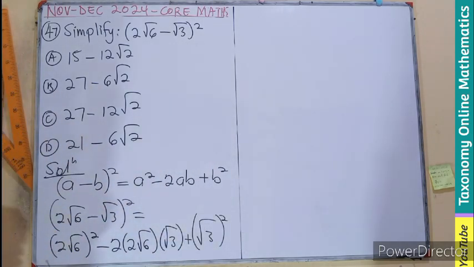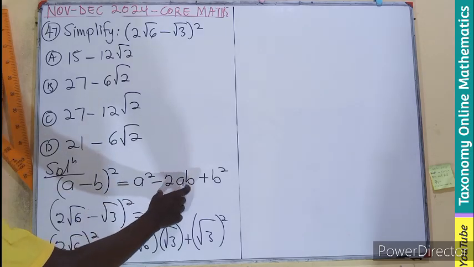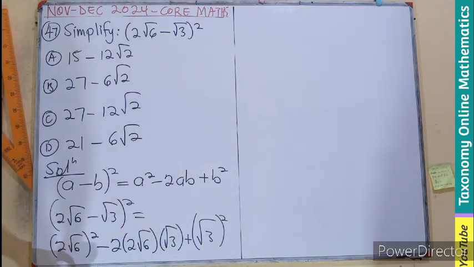That is what it means. You square the first term, 2 times the product of the two terms, then square the last term.